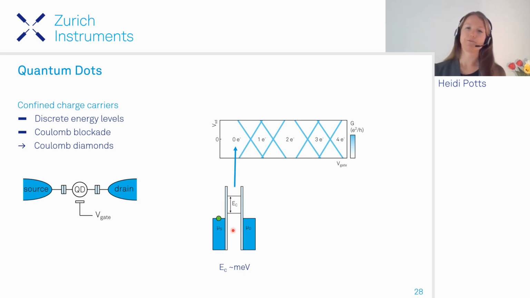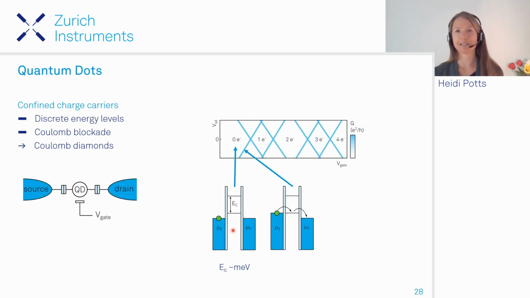But now we can use the gate voltage and the source drain bias voltage to change the potential of these individual components. And so we can reach configurations like this one here, where it is indeed possible for a charge carrier to tunnel onto the quantum dot and then out to the other side.